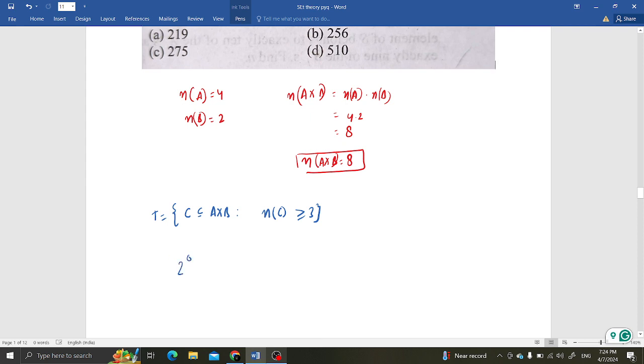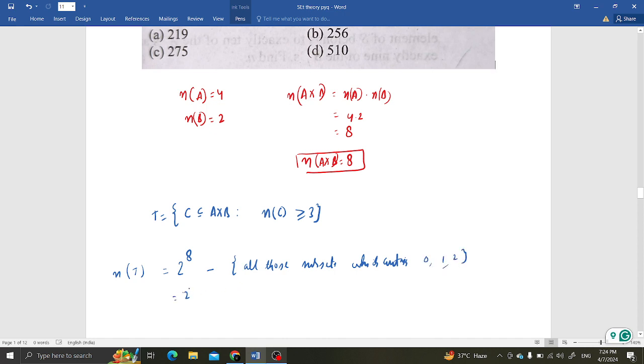The total number of subsets is 2 raised to the power 8, that is the total number of subsets of A cross B. From this I will subtract all those subsets which contain 0 elements, 1 element and 2 elements.